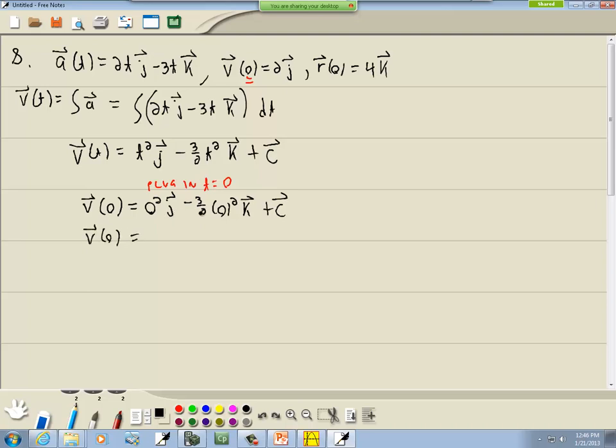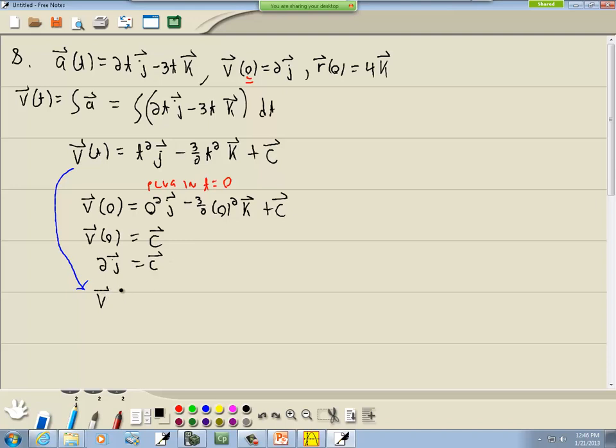0 squared j drops away, minus 3/2 0 squared k drops away, so we've got v of 0 is equal to our constant vector. But v of 0 is equal to 2j. So we're going to replace v of 0 with 2j. So then we now find our constant vector. So our velocity now becomes, we can plug that in for c.